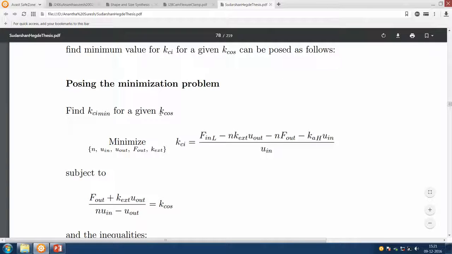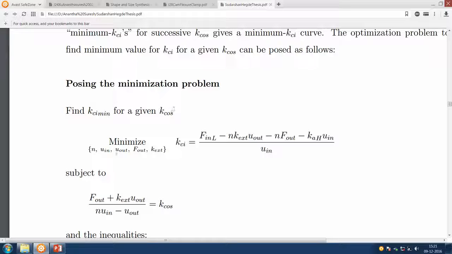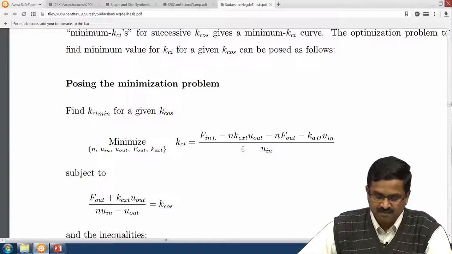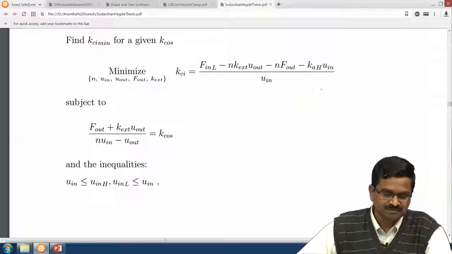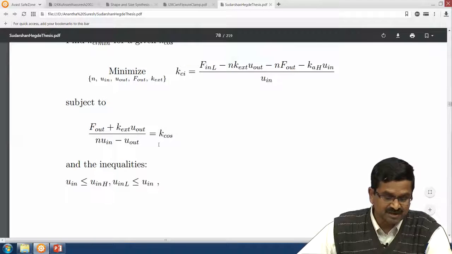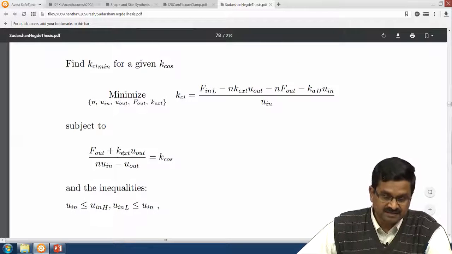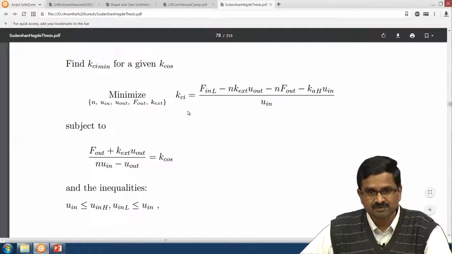For a chosen value of KCO, here we have put that as KCO S, meaning a specified value, that one level we have taken, then we have to minimize this KCI, for which we have an expression, but it is all in terms of the variables which have their own upper and lower bounds, subject to the constraint that the same values that I take should give the specific value of KCO. KCO is what we are taking, we want to find the extreme value, minimize we have to solve once, maximize we have to solve once.